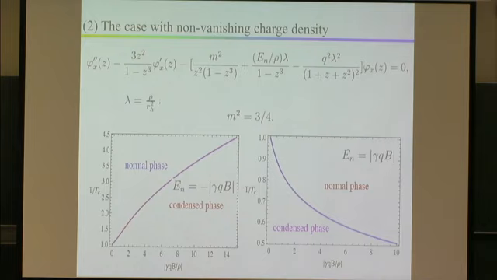If we choose the eigenvalue as the lowest Landau level, here is the temperature, here is the magnetic field. Tc is the critical temperature for the case without the magnetic field. This is the normal phase, this is the condensate phase. The critical temperature increases with the magnetic field.